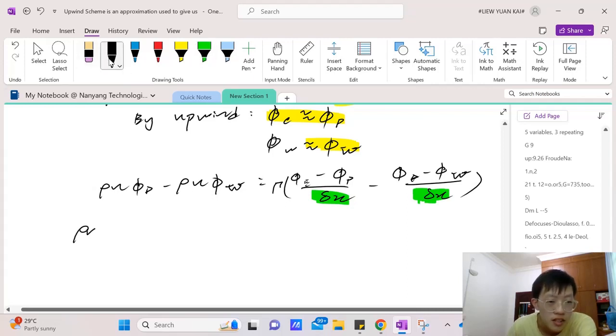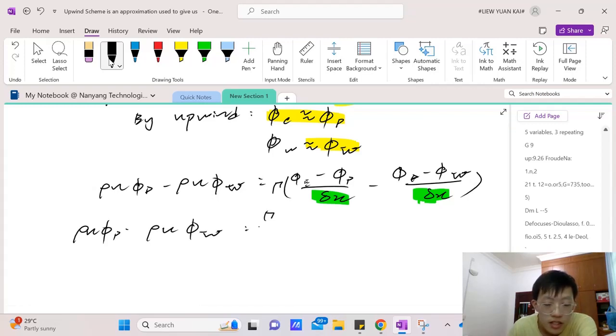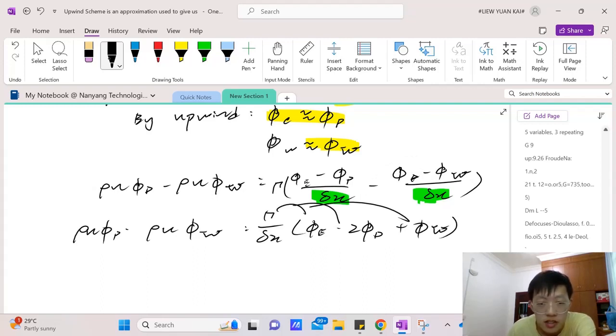So this side I'm just gonna copy down, and I'm gonna factorize out delta x, and then I'm gonna simplify the numerator. So -1 minus 1 is -2. Then negative times negative is positive. Okay, and then I'm gonna expand these terms.